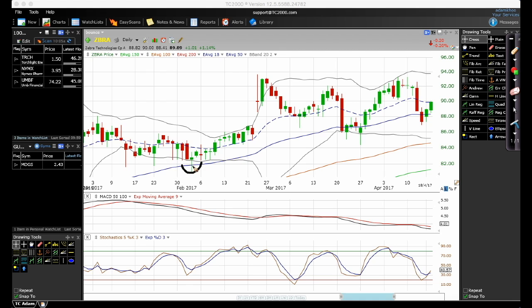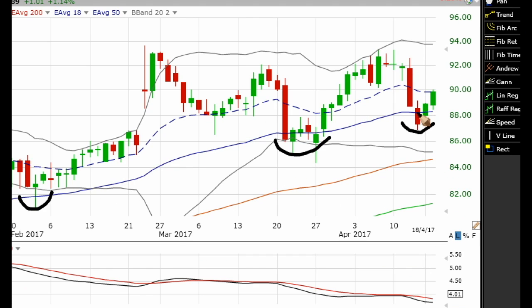You can see it bounce off the 50 moving average, bounce off the 50 moving average, and right now it's bouncing off the 50 moving average. So I was going to take a trade here when you see that two candle trade through pattern, which you learned, as well as a confirmation candle.